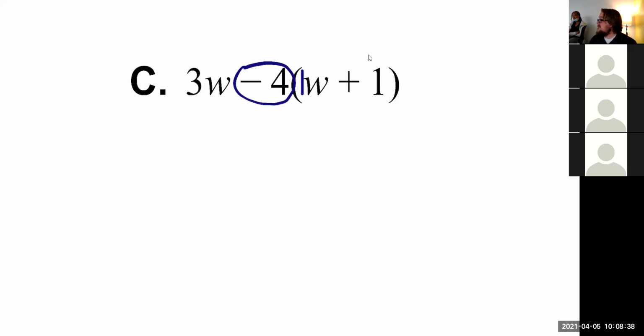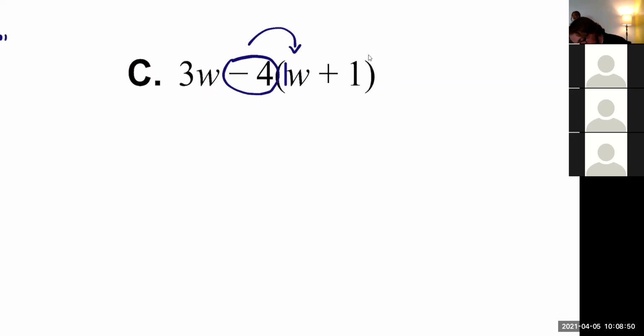Other times I leave it just to kind of get you comfortable with the fact that they still represent the same thing. But going back to that -4, we can distribute it. What's -4 times 1W? -4W. What's -4 times +1? Probably -4.